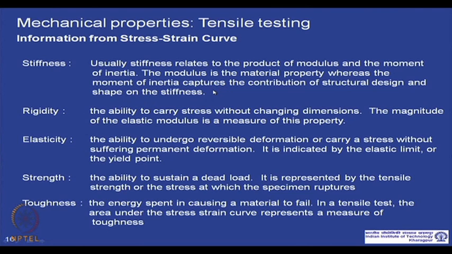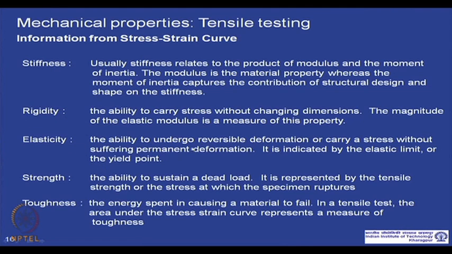If you compare materials of the same structural design and shape, the higher the elastic modulus, the higher the stiffness. Rigidity is the ability to carry stress without changing dimension, basically similar to stiffness, and the magnitude of the elastic modulus is a measure of rigidity.